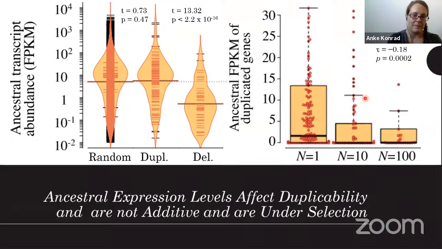And in terms of gene deletions and expression, this should not come as a surprise. Deletions are on average more likely to happen in genes that are either not at all or very lowly expressed. So highly expressed genes, when deleted, are most likely very, very deleterious. So on average, they are not deleted frequently.